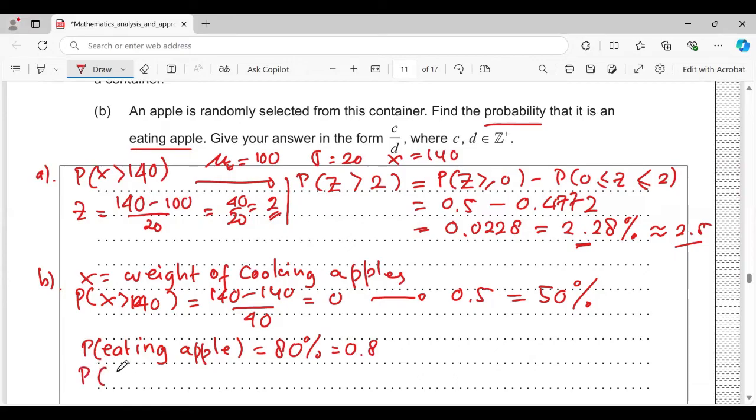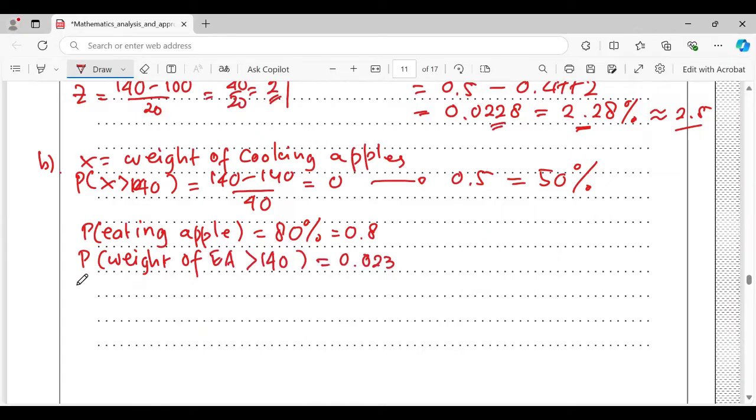The probability of the weight of an eating apple greater than 140 is approximately 0.023. Then the probability of a cooking apple is 1 minus 0.8, 1 minus the probability of an eating apple, so the probability of a cooking apple is 0.2.